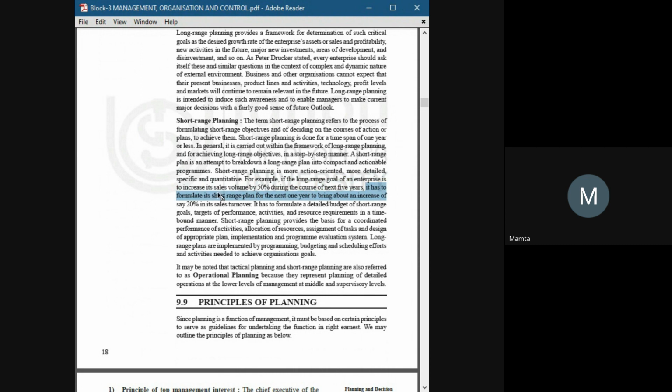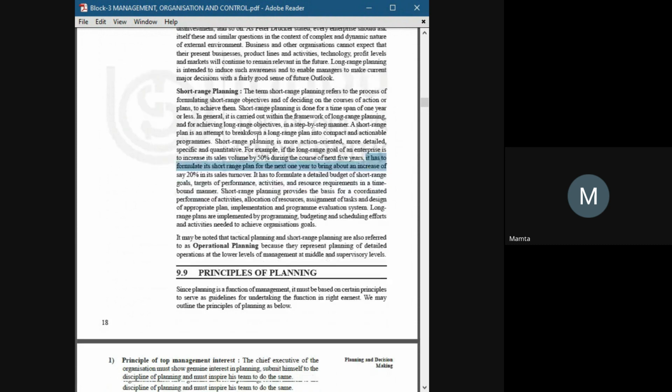So for the first year, our goal is to increase our sales by 20% or 10%. In the next year we can increase 20%. In the next year we can increase 30%. That's how short range planning facilitates long range planning. And short range planning is for either 1 year or less than 1 year. It won't exceed 1 year.